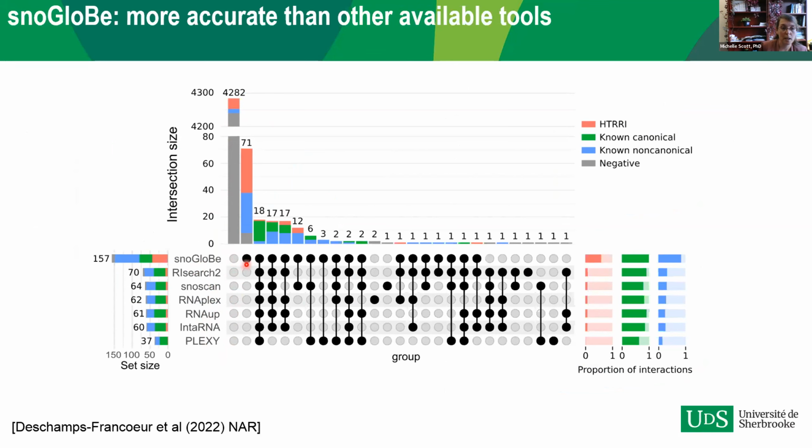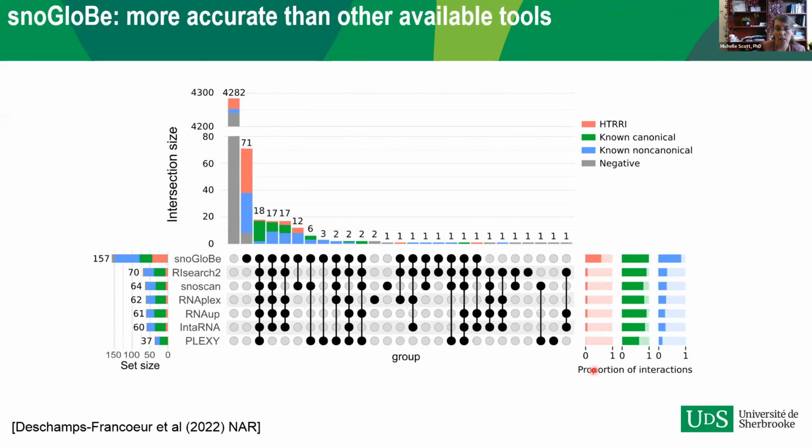SnoGlobe predicts many of the positive examples from the high throughput RNA-RNA interaction data set and from the known non-canonical set as positives, whereas the other predictors don't manage to identify them. And then SnoGlobe does well on many other positive examples that the other predictors also are good at identifying.